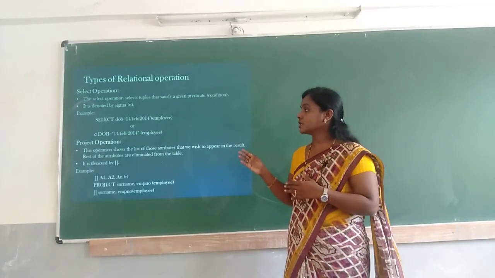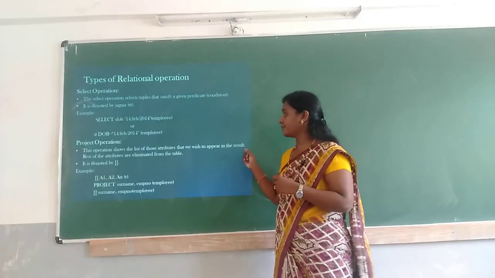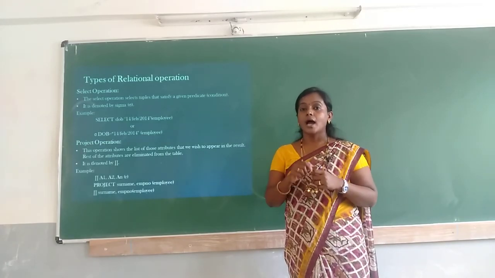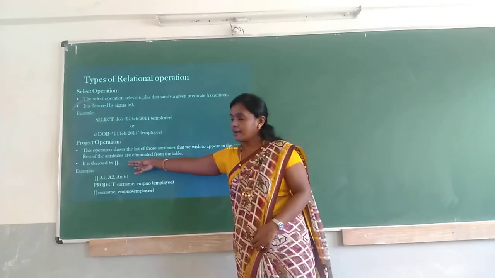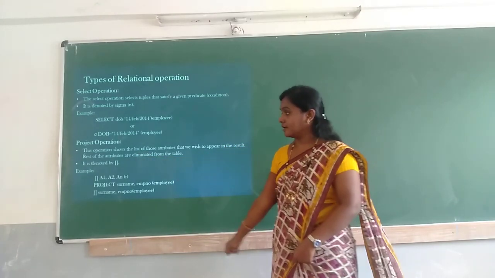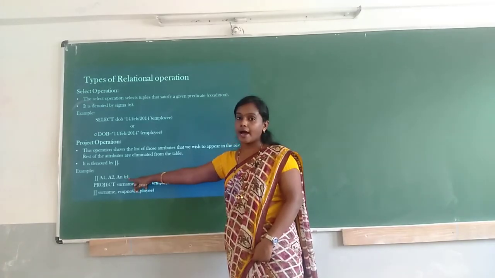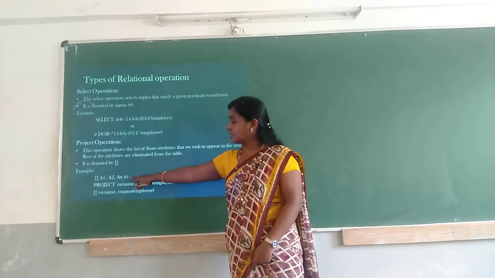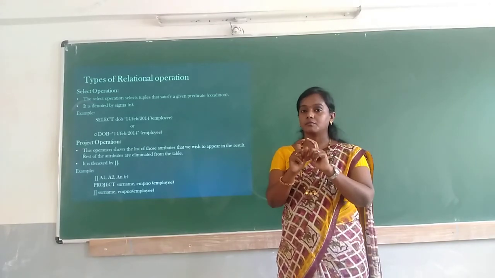So this operation shows the list of those attributes that we wish to appear in the result, and it is denoted by the pi symbol. Okay, pi a1 a2 up to an in r. Here in the bracket, r refers to a relation, and a1 a2 an refers to the attributes.